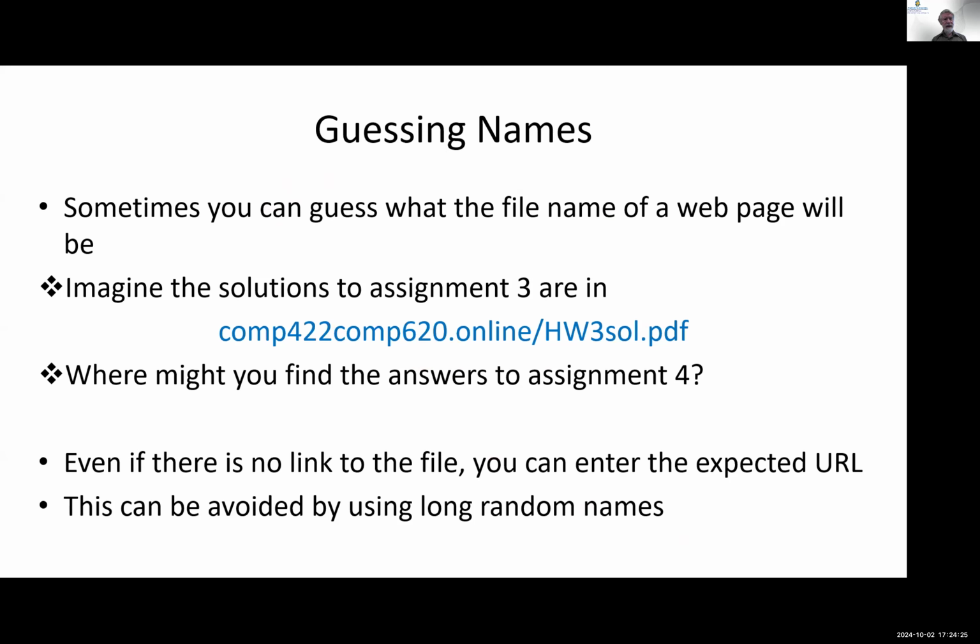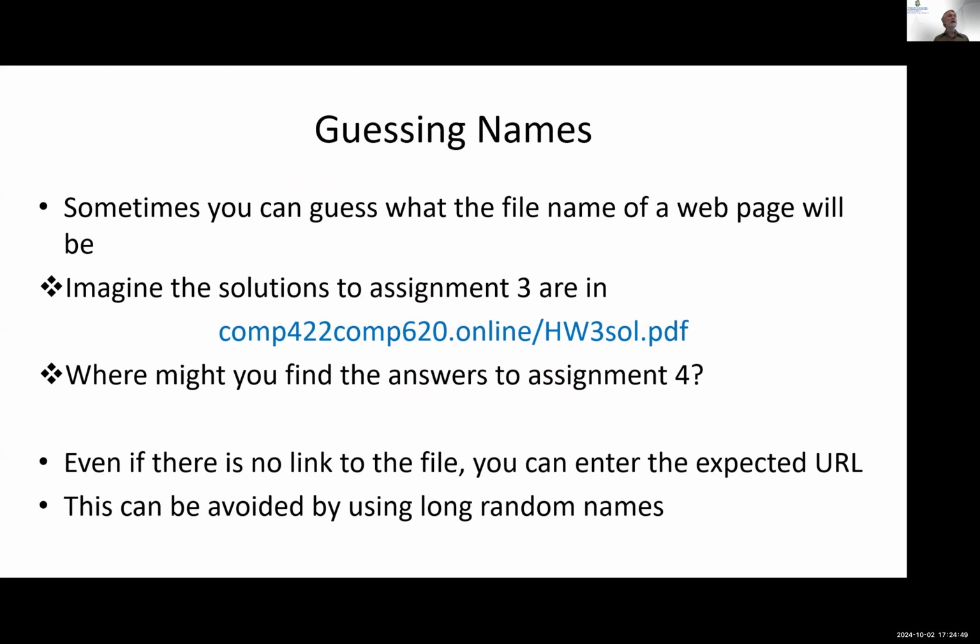Sometimes people can guess information. People make the URLs easy to guess. Let's just imagine that I had an assignment out on the website and you could find the solutions for it at hw3sol.pdf, which I put out there after assignment 3. Where might you expect to find the answers for assignment 4?